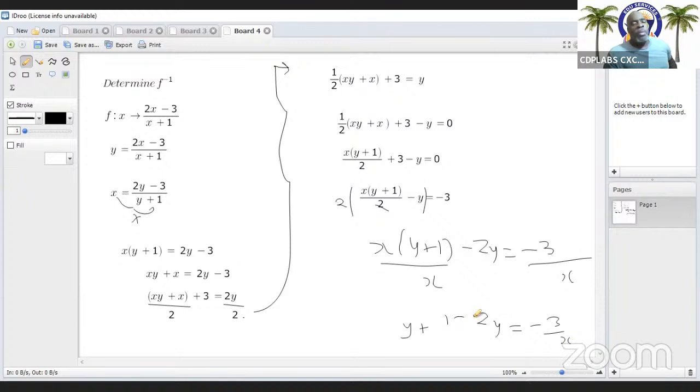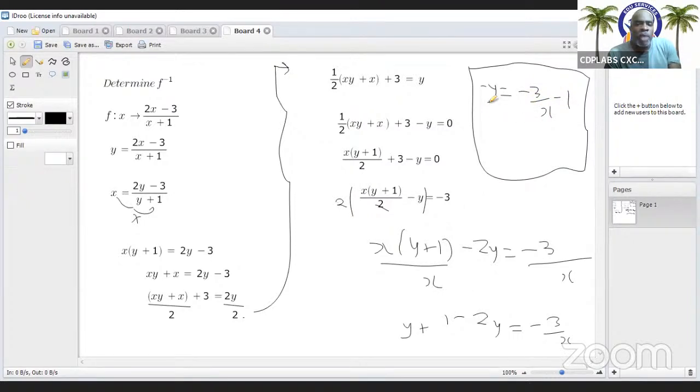So now we end up with negative 1 because we have y minus 2y. Let's put a little box over this side here. So this y minus this 2y will give us negative y, equal to negative 3x minus 1. Because we carry this plus 1, so we get minus 1.